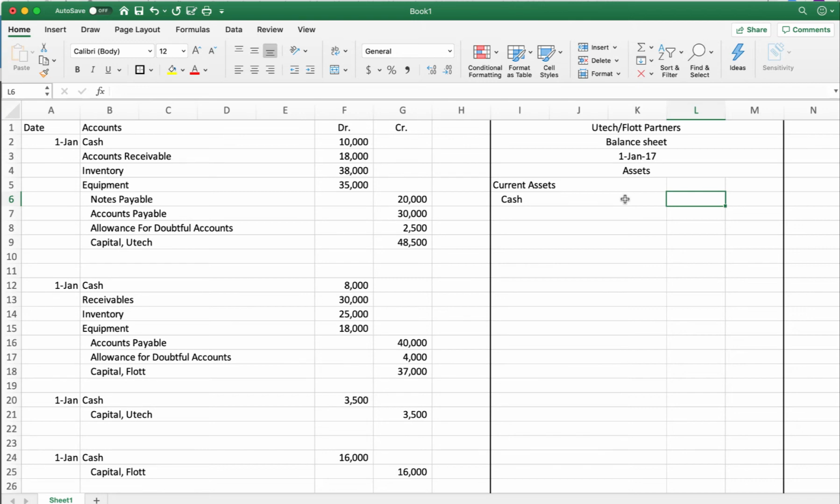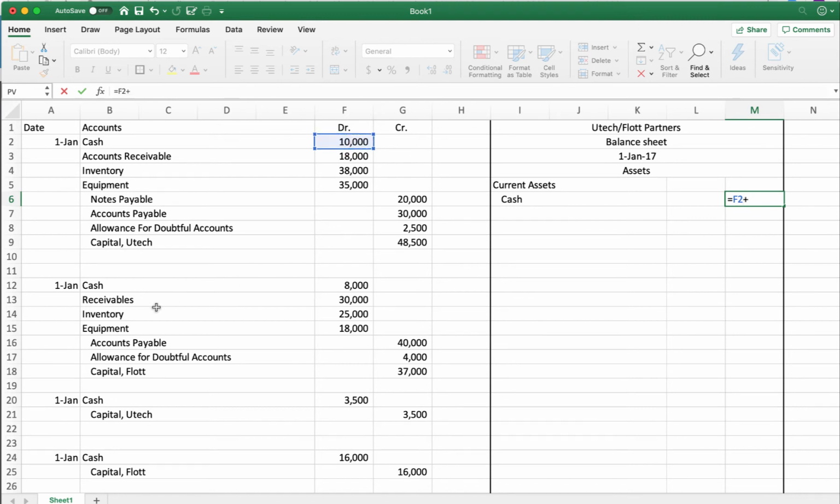We have this middle column here, column L. We're going to leave that where it is. Column M, we're going to calculate the total value of the cash account. So I need to go through my journal entries and pick all the journal entries that hit cash. The first journal entry, UTEC debited cash for $10,000. I'm going to include that.